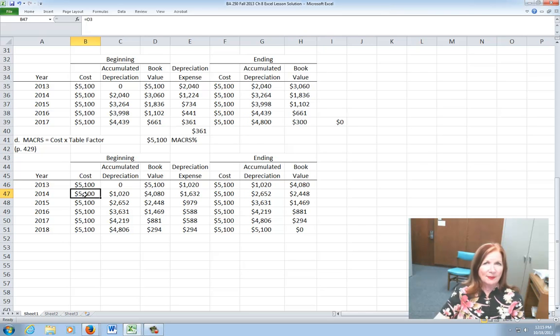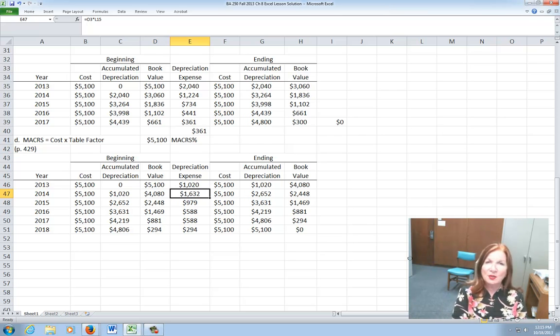I double check that by putting in the cost, putting in the accumulated depreciation, and I do the math to see the value, and then get the book value.